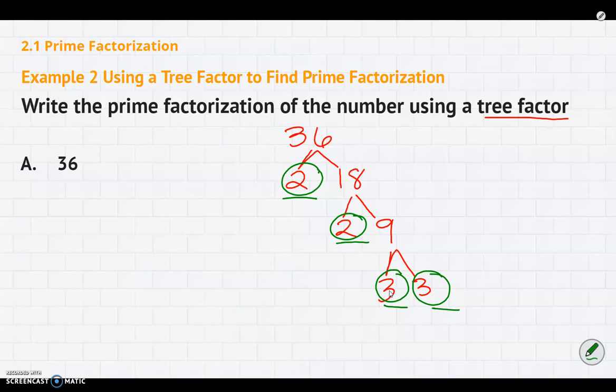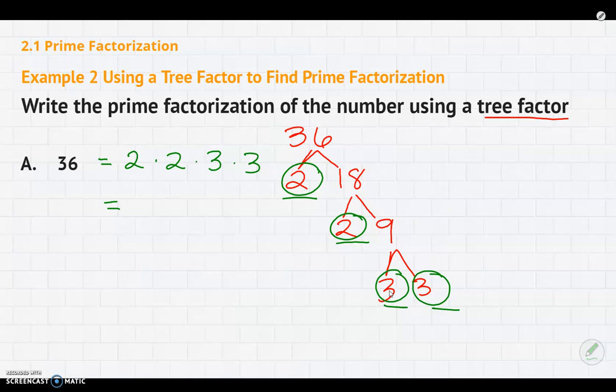Now I want to write 36 as a product of all of these things, meaning I'm going to multiply them all together. So I get 2 times 2 times 3 times 3. Now the order in which you write this doesn't matter. You could do 3 times 2, 3 times 2, whatever. But there is a better way to write this, and that is using exponents. And I know you learned about exponents last year.